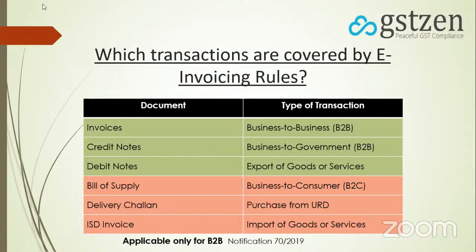In these 3 cases, e-invoicing will be applicable for invoices and any related credit notes or debit notes. Just to sum up, e-invoicing is applicable for taxable supplies when supplied to a registered person, to a government body, or for export of goods and services.